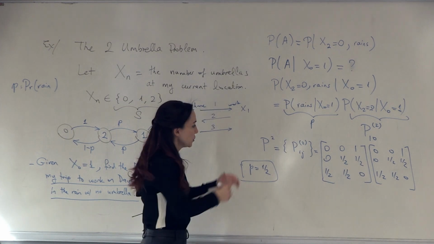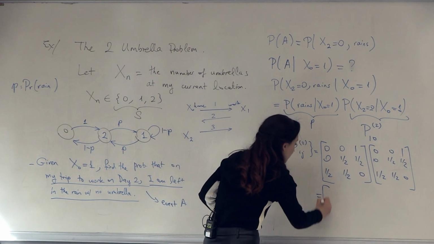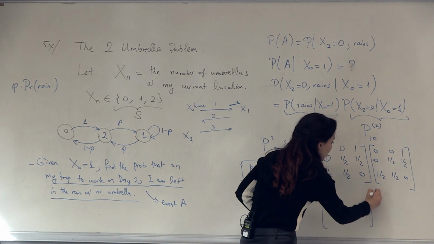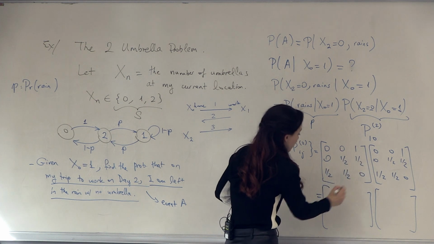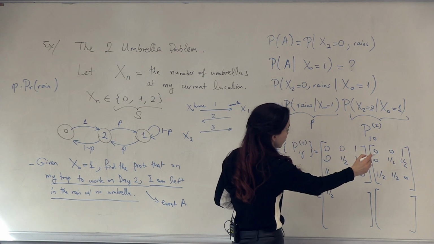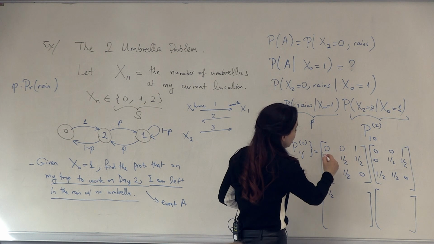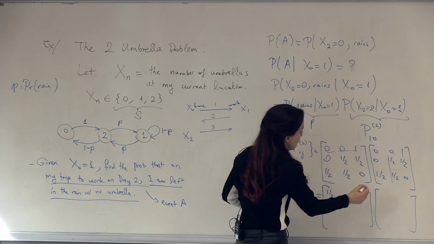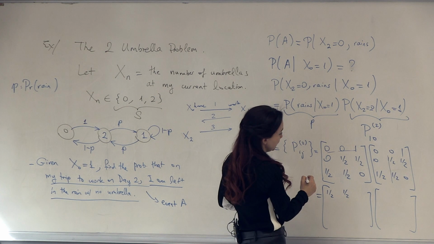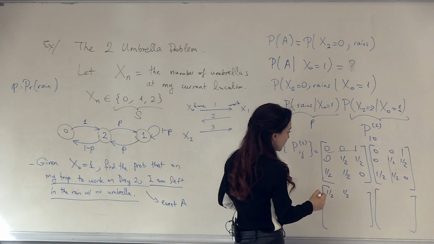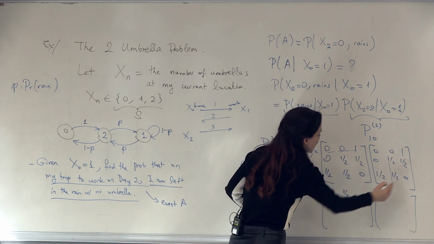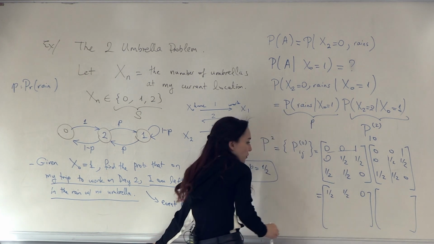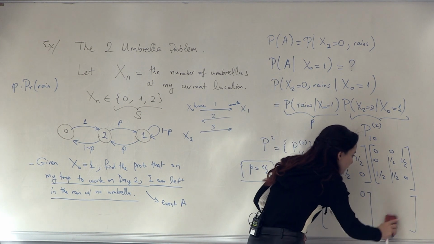Okay, so let's multiply out the matrix P with itself. 1/2. This row and this column makes, again, 1/2. Wait, the third one. This row and this column is 0. I don't know why I drew another matrix here. Sorry about that.